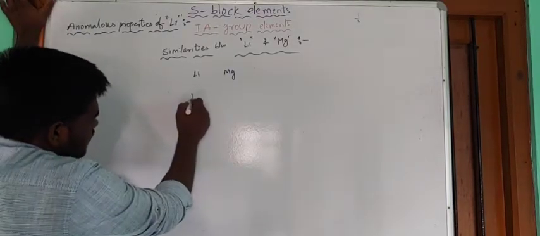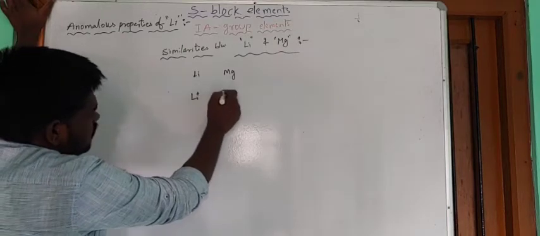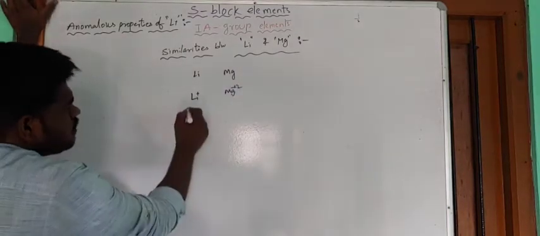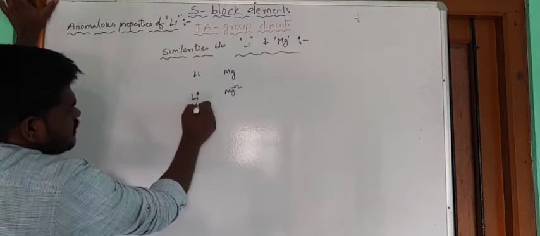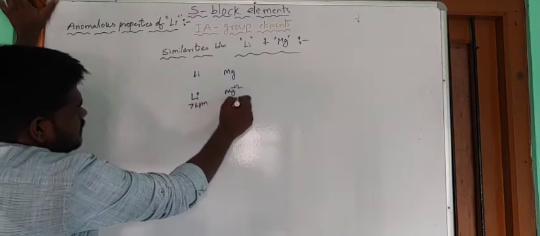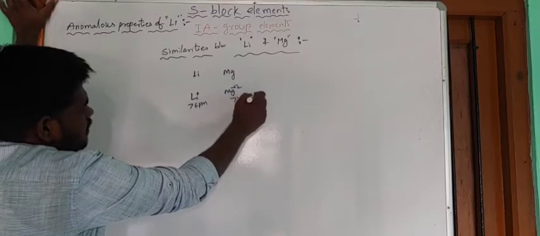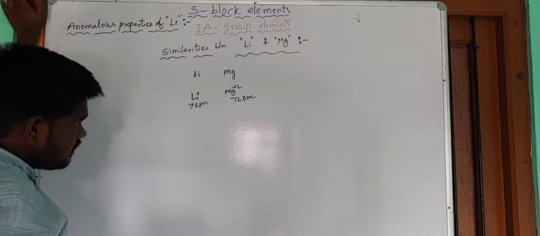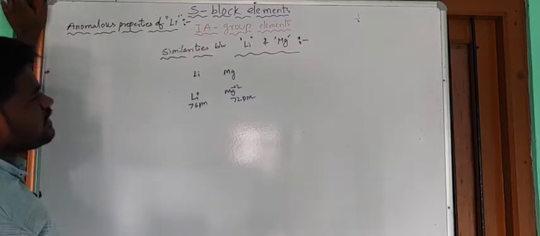And the sizes of lithium and the Mg2+ ion are almost equal. This one has size 76 picometers and this one has size 72 picometers. Due to the similar sizes, these exhibit a diagonal relationship.